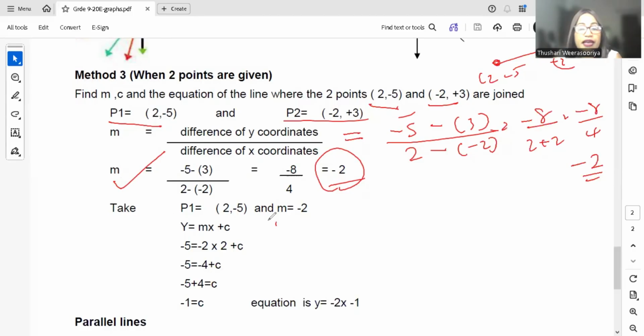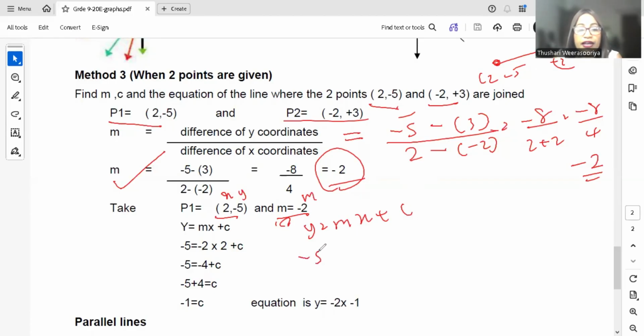Y equals mx plus c. I'll take 1 point, any point. I took 2, comma -5, and the gradient. If you want, you can take the point -2 as well. Now, this is the x value, this is the y value, this is m. You substitute.